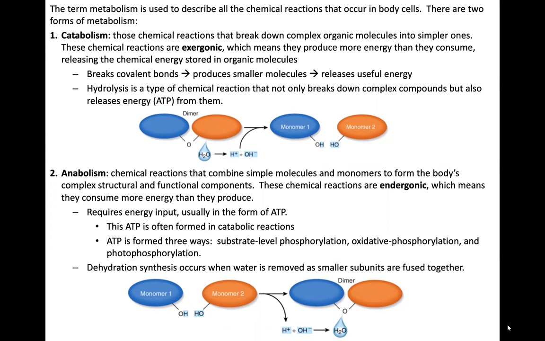Breaking things down that we've ingested into small things like amino acids, from proteins to glucose, galactose, fructose, monosaccharides, from complex carbohydrates like glycogen and polysaccharides like starches.